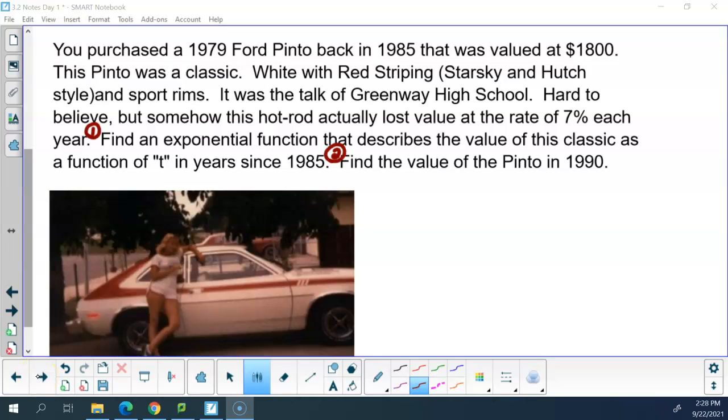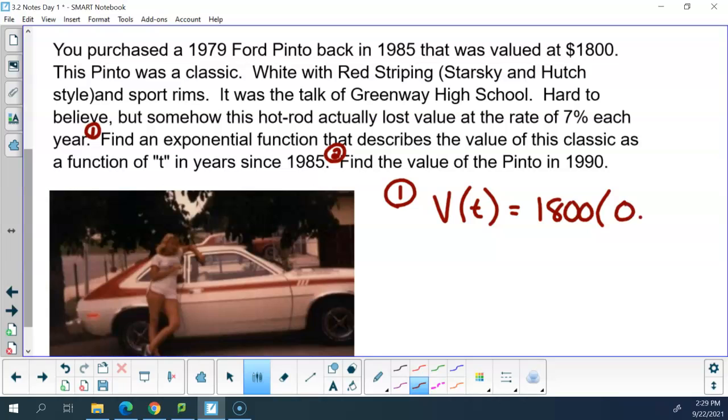So, first off, we had to find the function. So the function is going to be value of t. So I'm going to label my function V of t. The initial value was 1,800. It goes down by 7%.